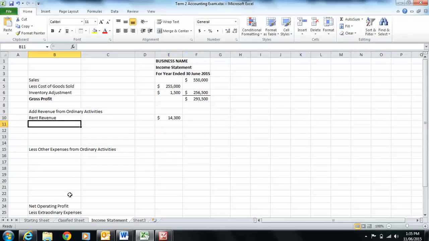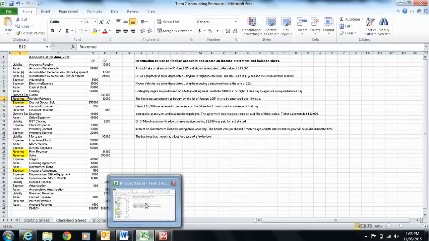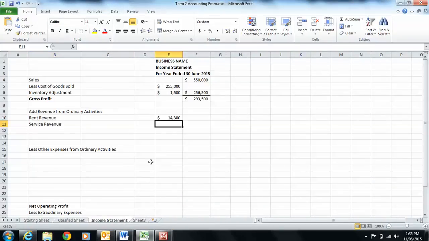We've also got some service revenue. Service revenue up here of $10,600.